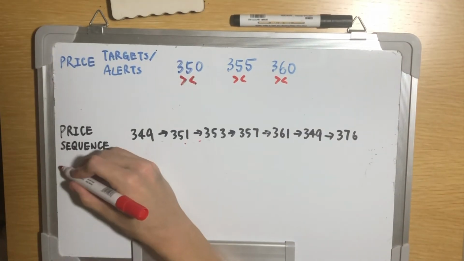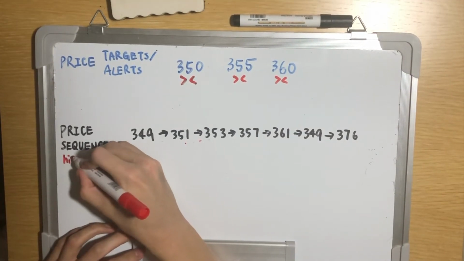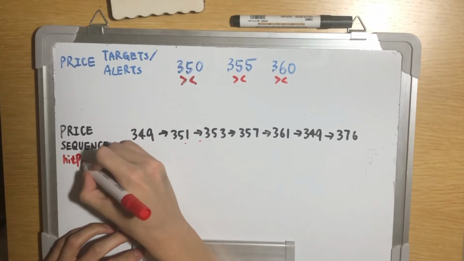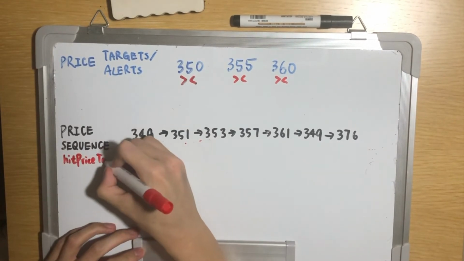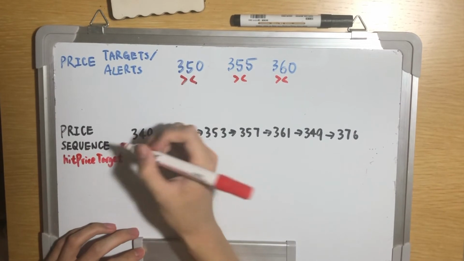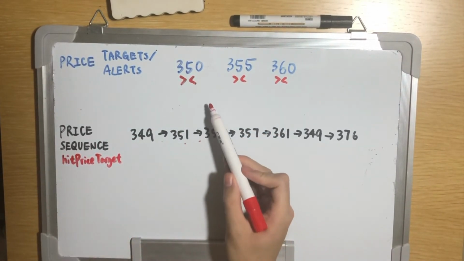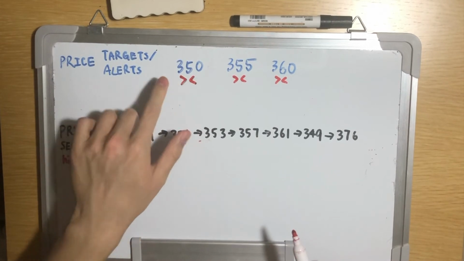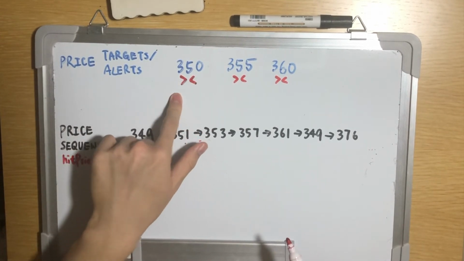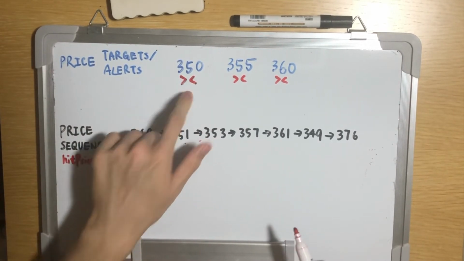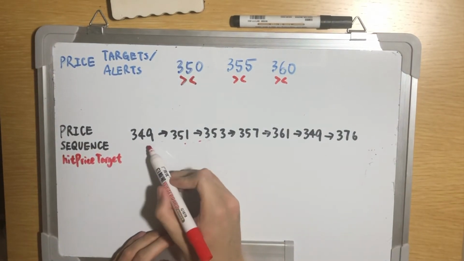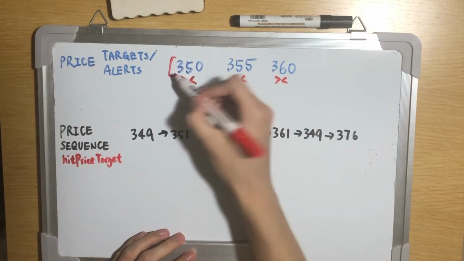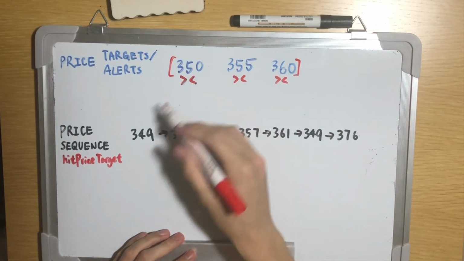We will first initiate a variable called the hit price target. If it's for the increase, we take the minimum of the price target. So it's 349, 350, apologies. 349 doesn't come close to this range, so it's 0.